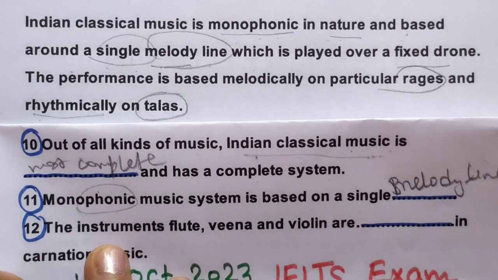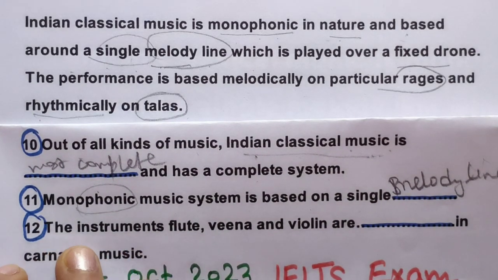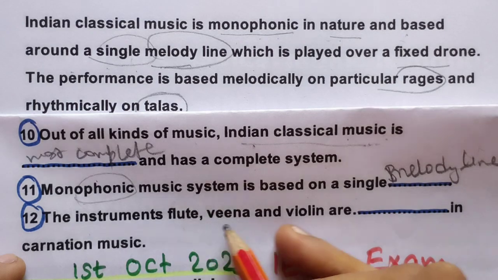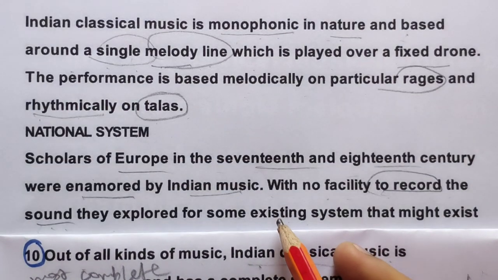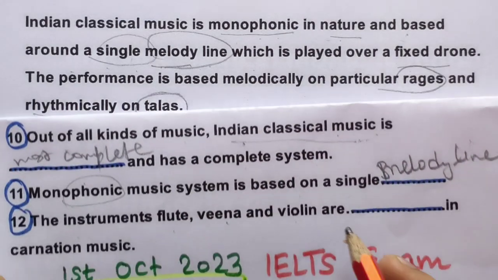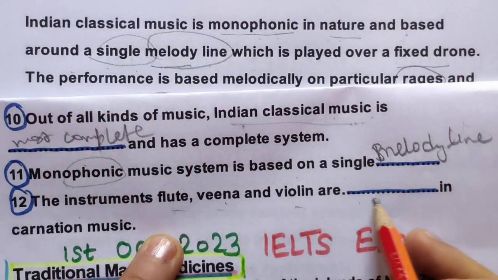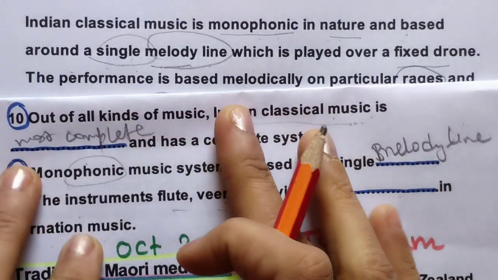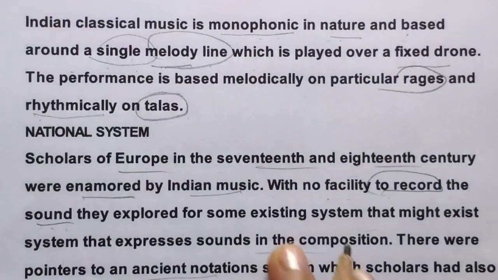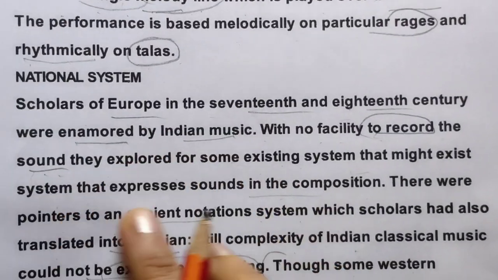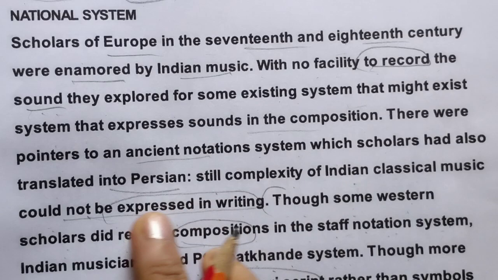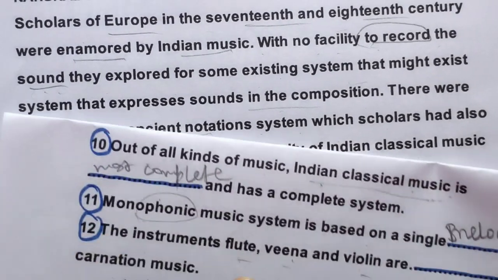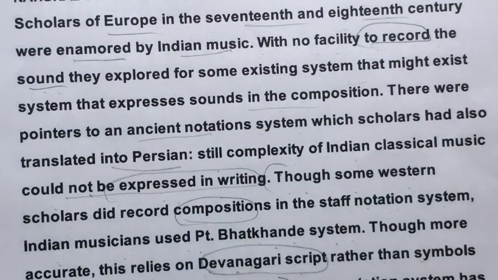Okay, now coming to last question. Here only 12 questions were there. The instruments flute, veena and violin. So instruments flute. So we will just look, veena and violin are in Carnatic music. Okay, so let's find these words. Here also instrument names, veena, flute, veena and violin.